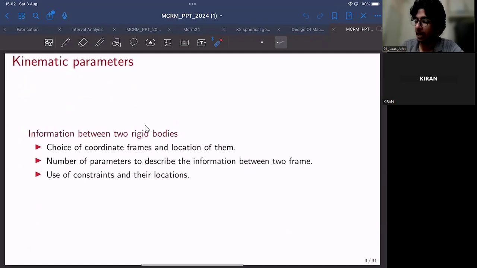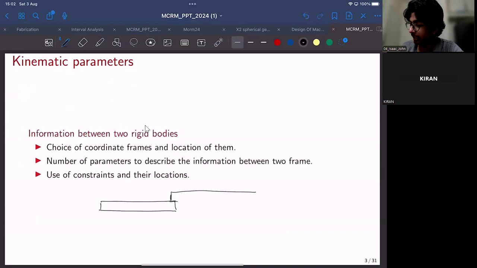As I've already told you in the beginning, we basically use frames to pass the information between two links. For example, if you have two links, this is one link and this is another link, of any robotic manipulator, and you have joints.